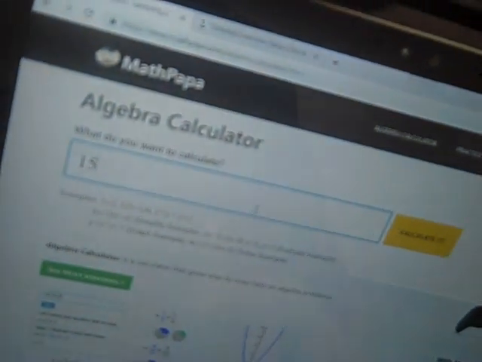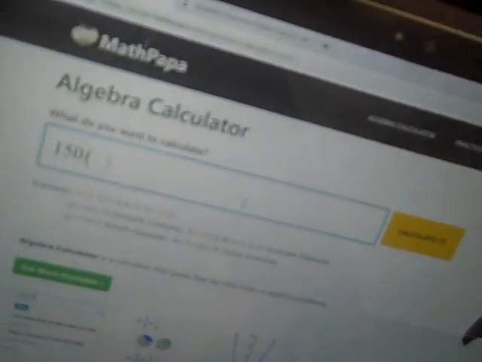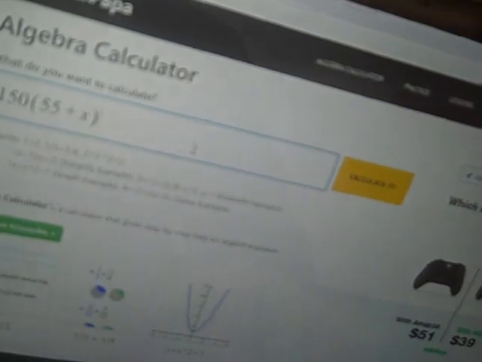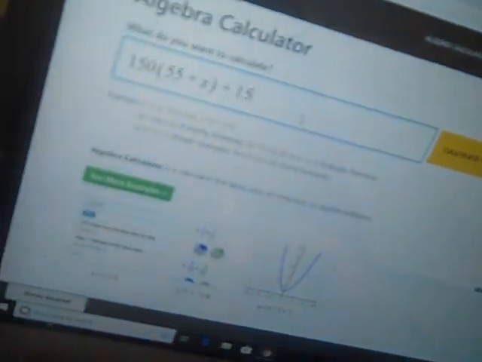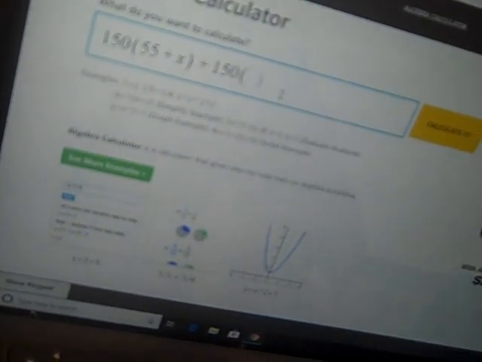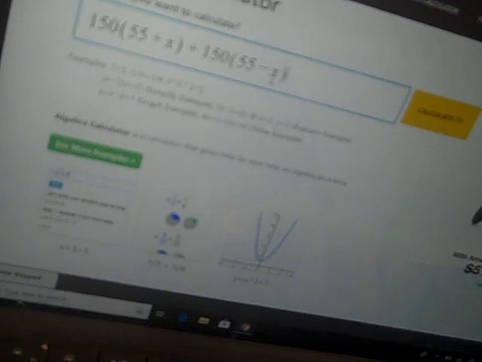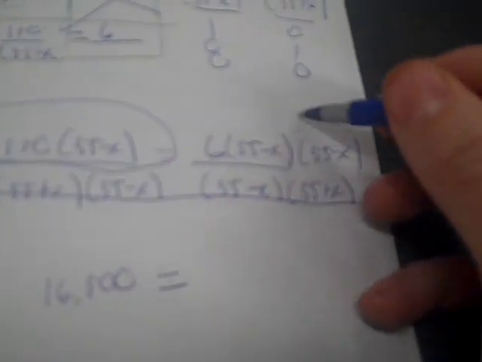So on this side, I enter that in. So 150, parentheses 55 plus x, close it, plus 150 times the parentheses of 55 minus x, okay? Okay, you got 16,500. Now let's see what the other side tells us.